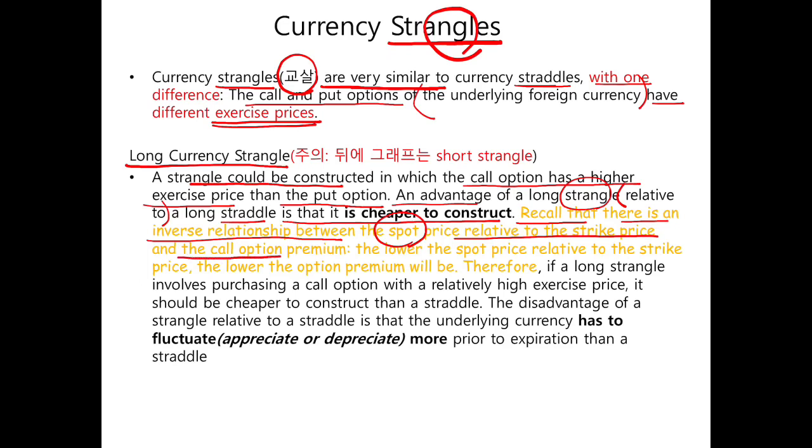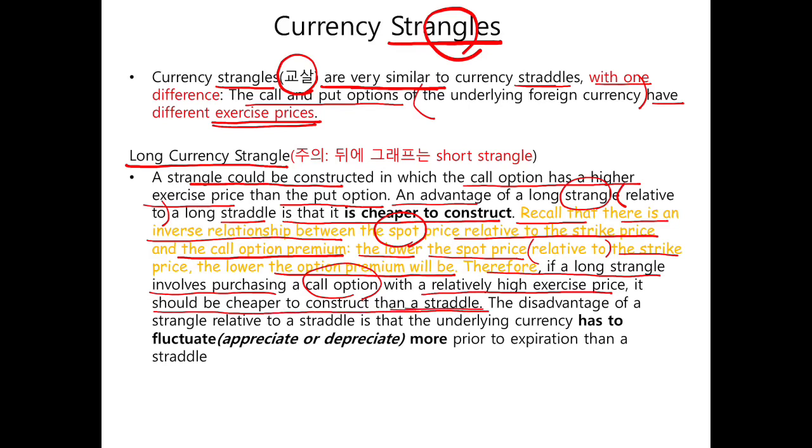Thus, the lower the spot price relative to strike price, the lower the call option premium will become. Therefore, if a long strangle involves purchasing a call option with a relatively high exercise price, meaning a relatively low premium, it should be cheaper to construct than a straddle.